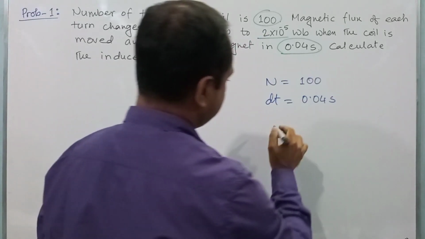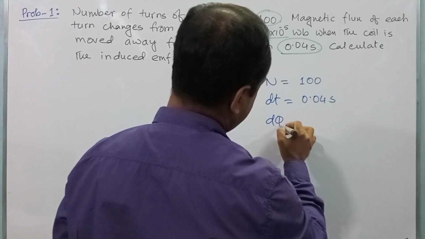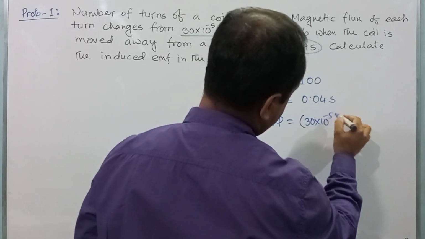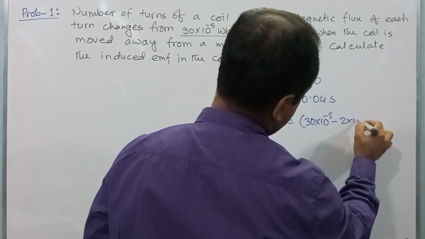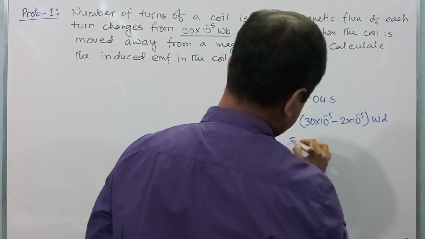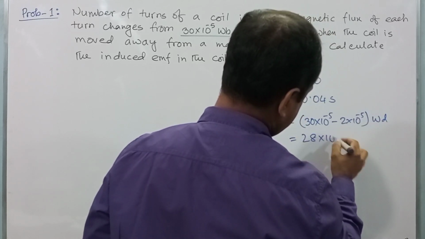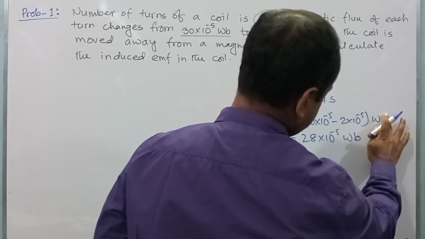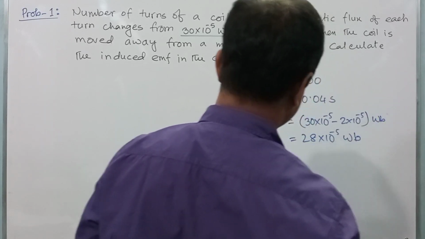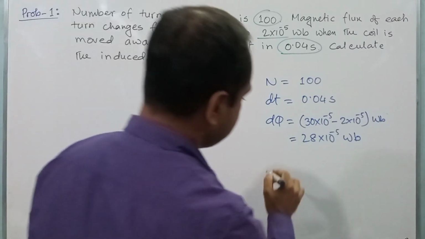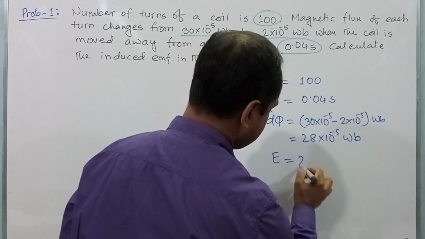So we can write d phi is equal to 30 into 10 to the power minus 5 minus 2 into 10 to the power minus 5 Weber, that is 28 into 10 to the power minus 5 Weber, right? So we have to calculate the induced EMF E.